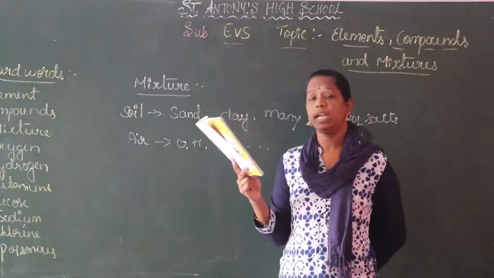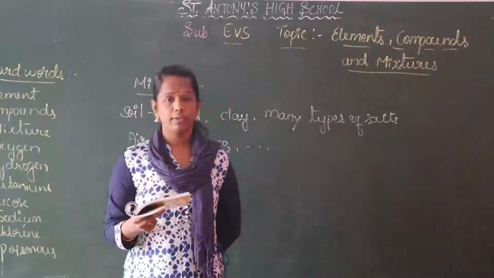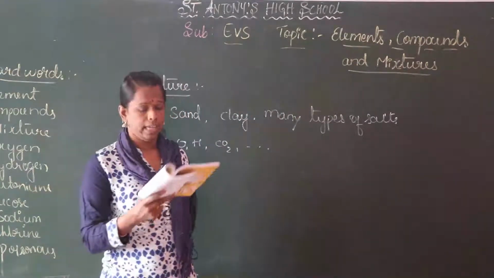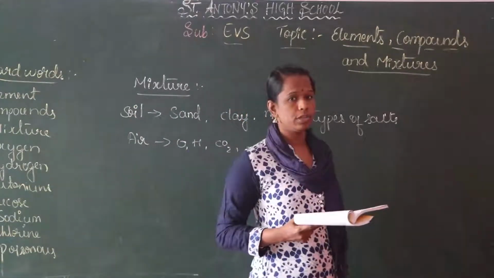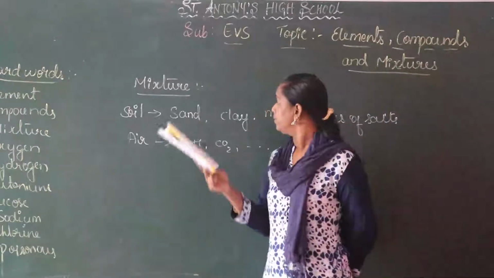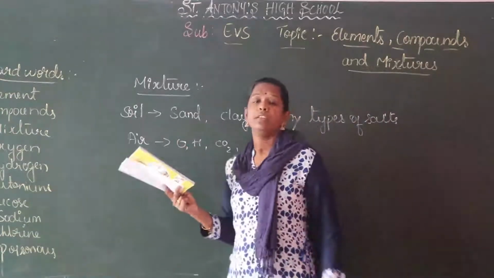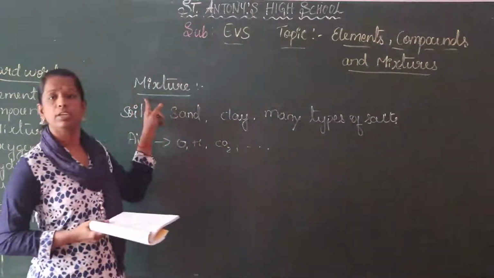I will help you. Element: you can write oxygen, hydrogen, nitrogen, etc. Compound: water, nitrogen oxide, sulfur dioxide, etc. Mixture: soil, air. Children, seawater is also an example of a mixture.